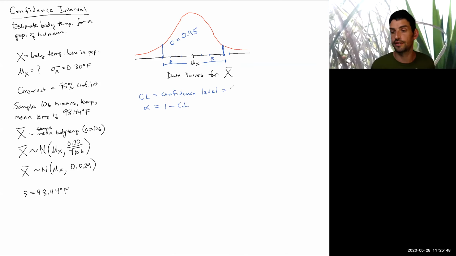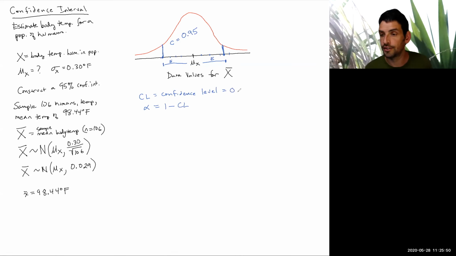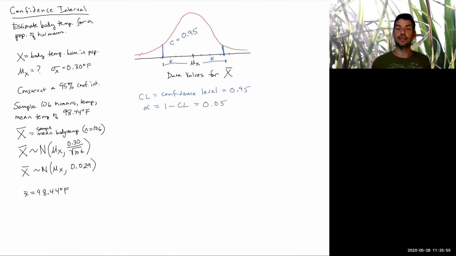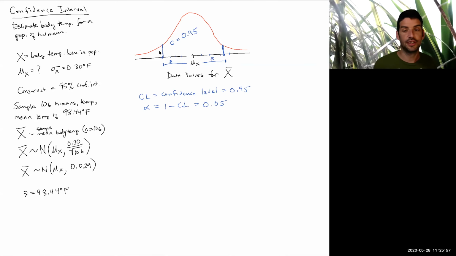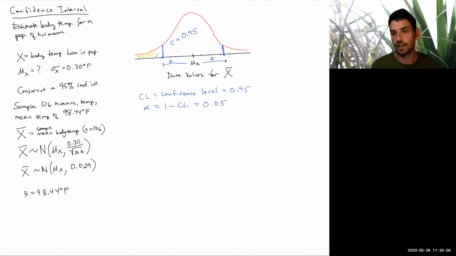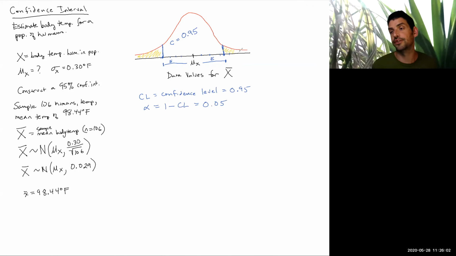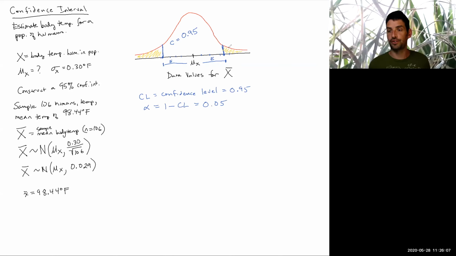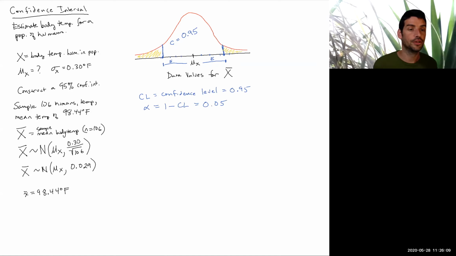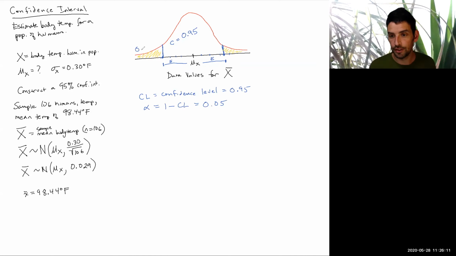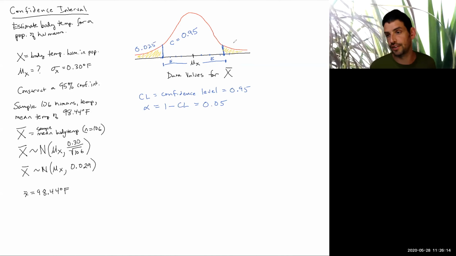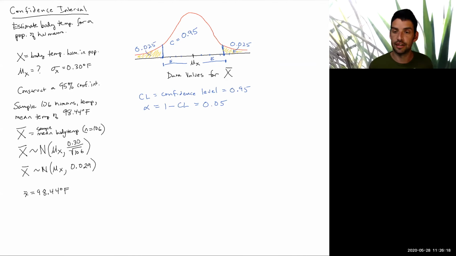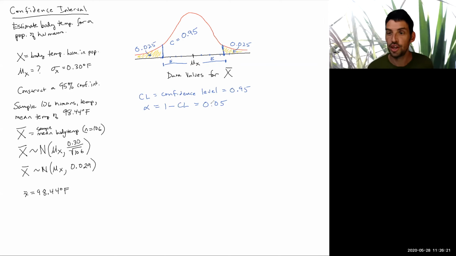So in this case, 0.95 is our confidence level, and 0.05 is alpha. Alpha is just the amount of area left in the tails. If there's 95% here, there's 5% left in these two tails, which means 2.5% in each of them. So that number is the amount of area down here.